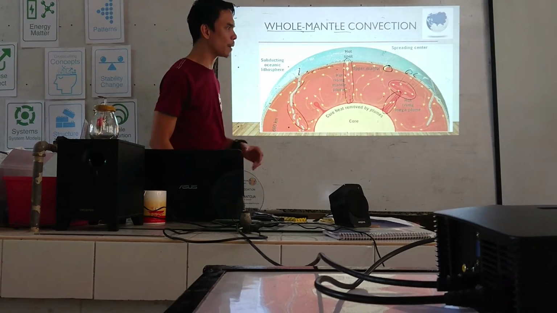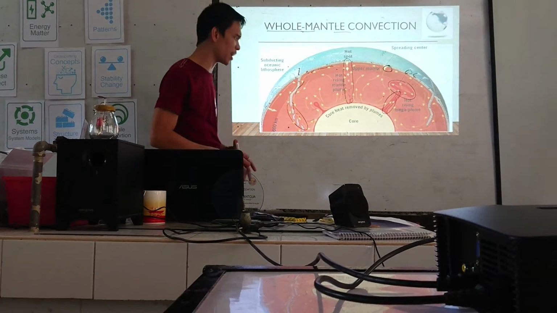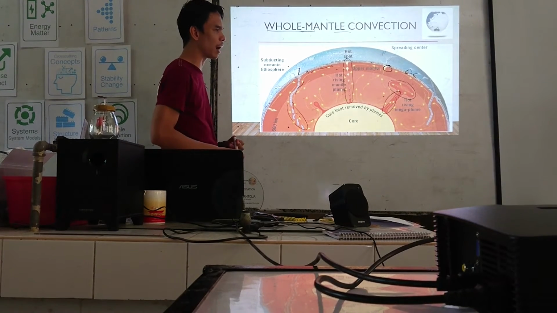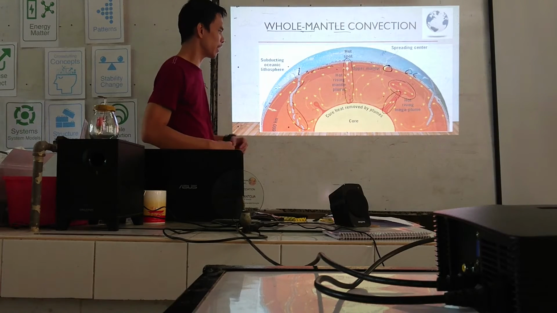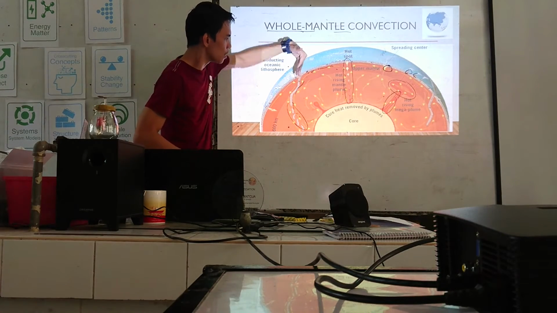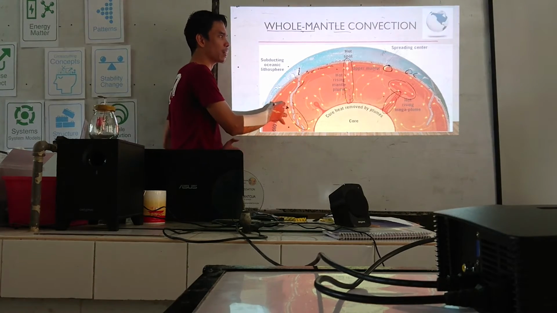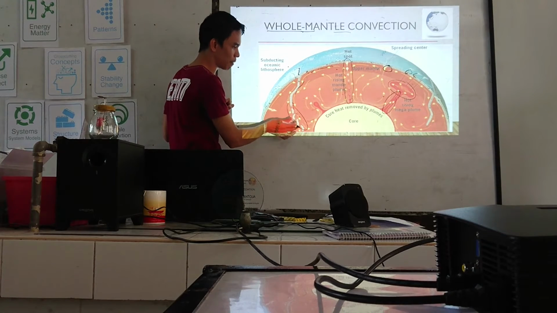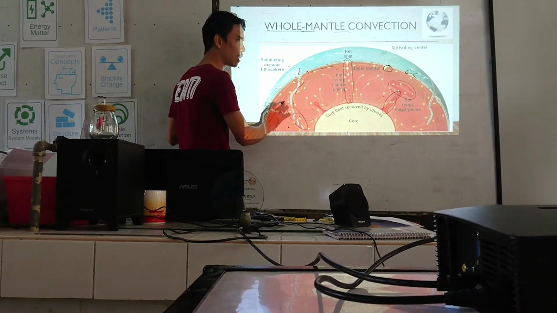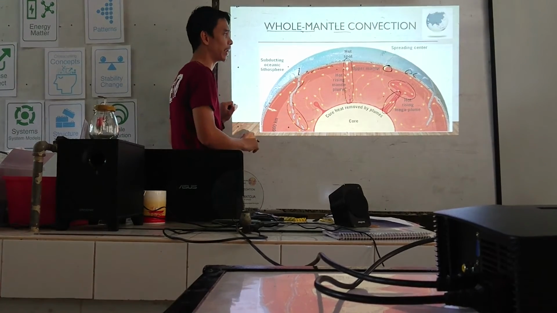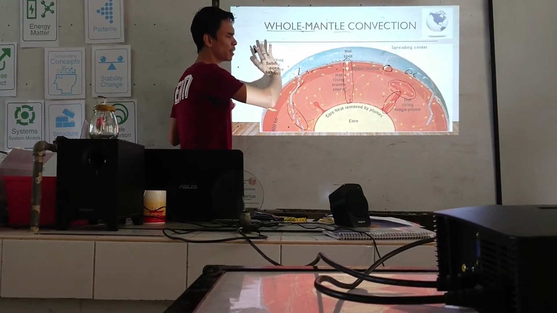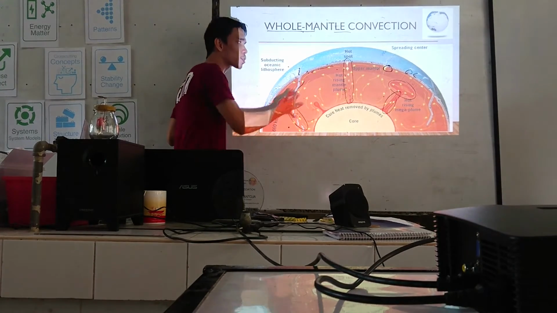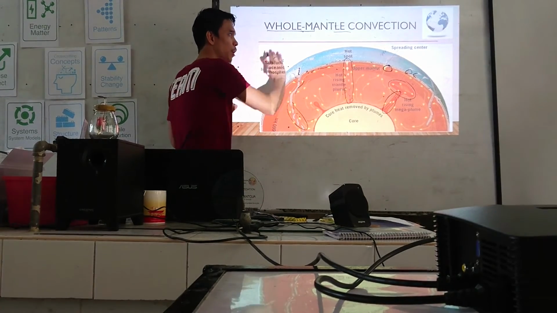Let's talk about its advantage. It explains where the subducted lithosphere will go. In this type of model, the subducted plate goes back to the lower mantle. It also explains the purpose of the mantle plume, which forms your hotspot.